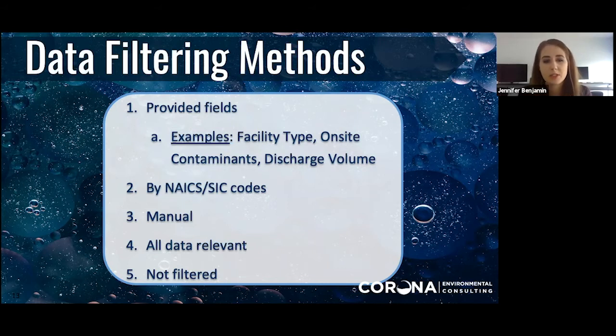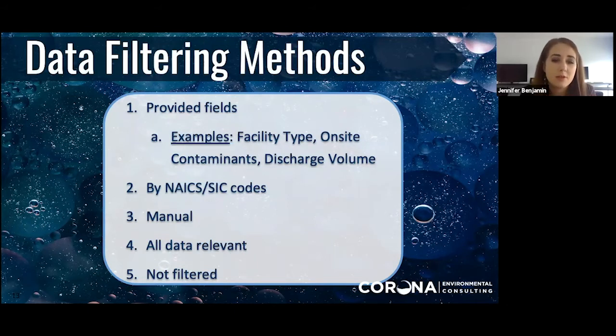The approach that we use for any one particular data set really depends on the type and the amount of information that comes with the data set from the source. Generally, if a data set comes with data fields that help us determine whether a facility is within one of our target high-risk industries, or that help us evaluate risk in some way, then we'll use the provided data fields to filter the data.